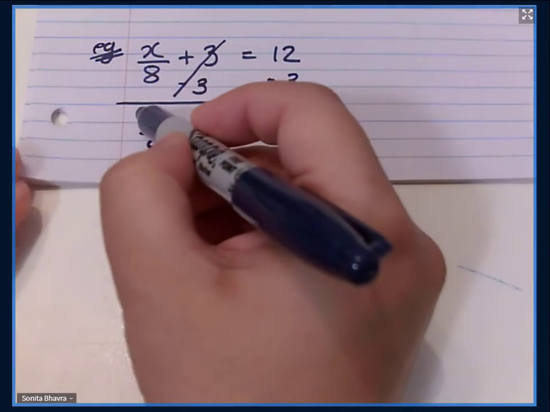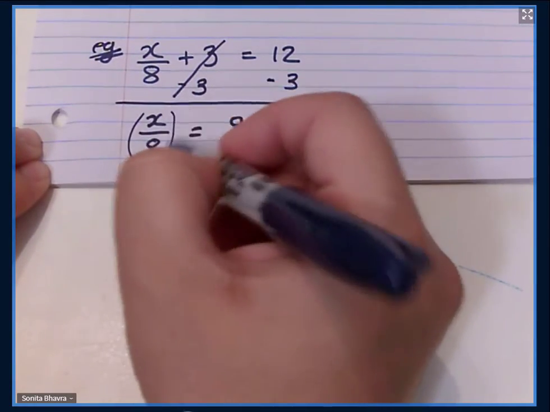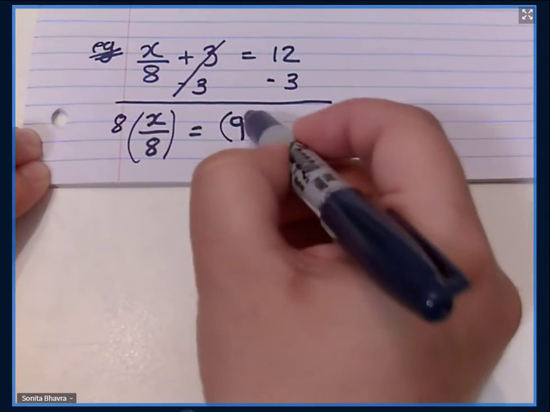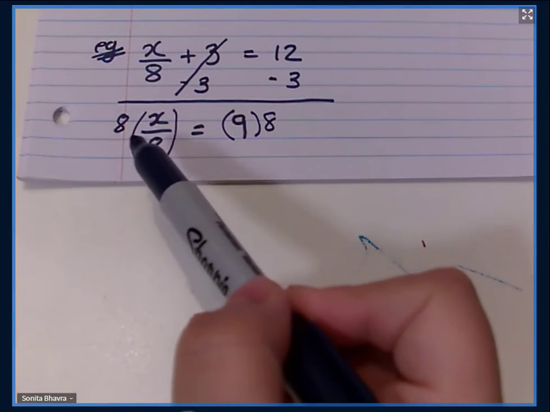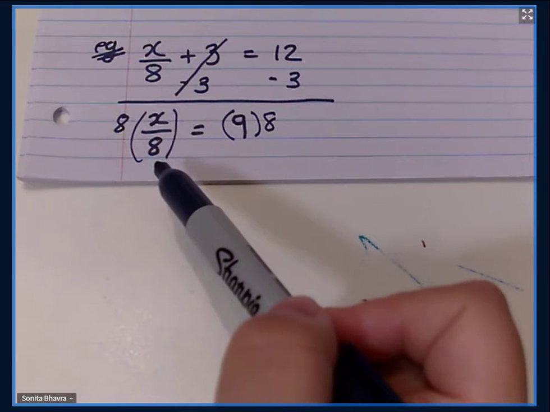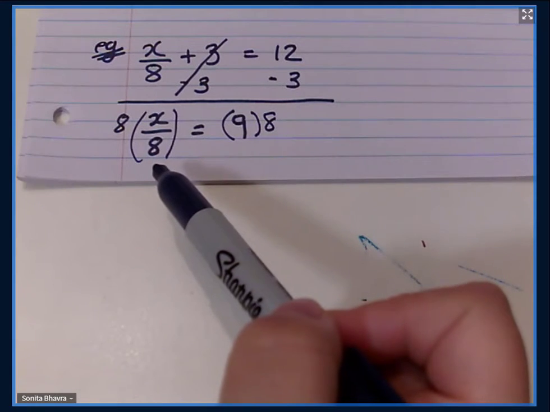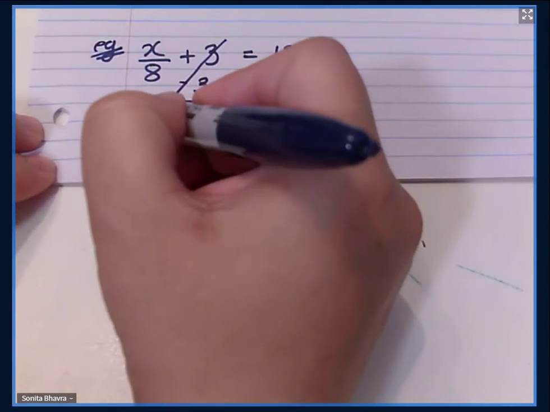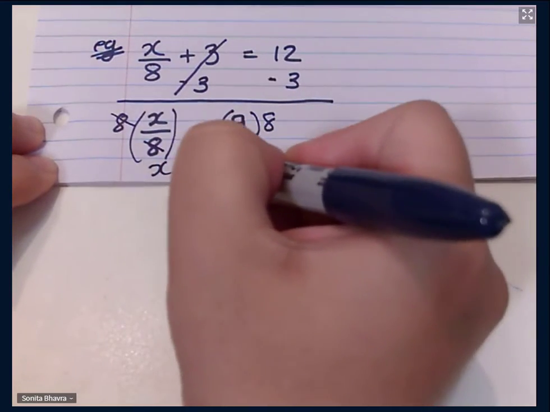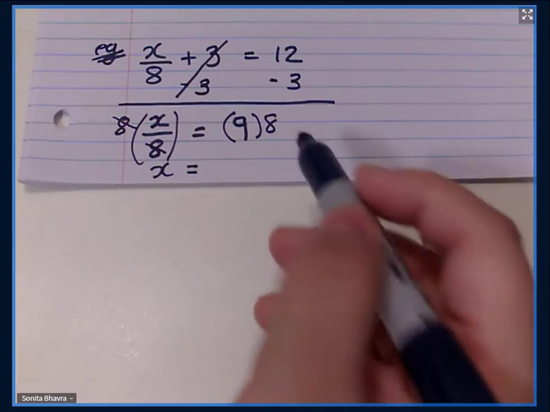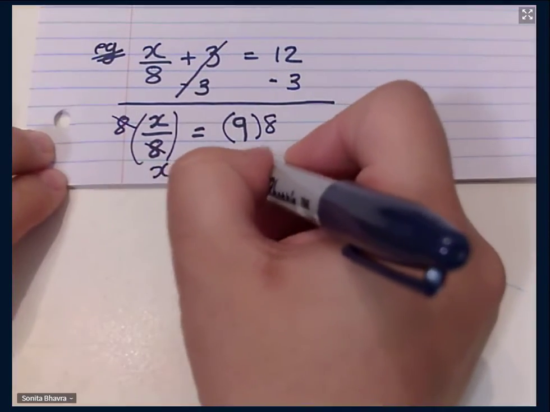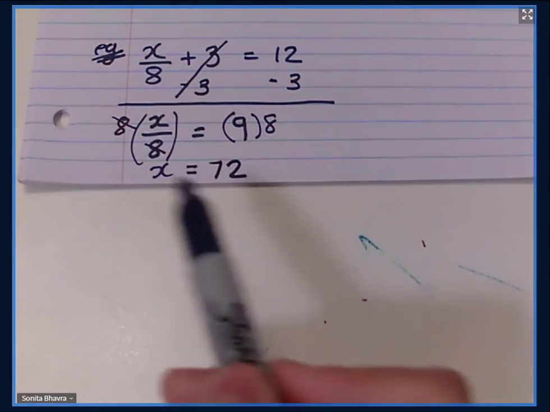So we're going to multiply both sides by 8, and I'm just going to show it like this, just showing it by brackets. All right, so this becomes 8x divided by 8, which is just 1x. And then we have 9 times 8, which is equal to 72. So x is equal to 72.